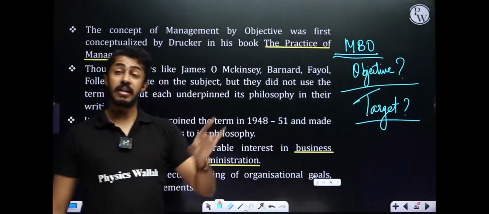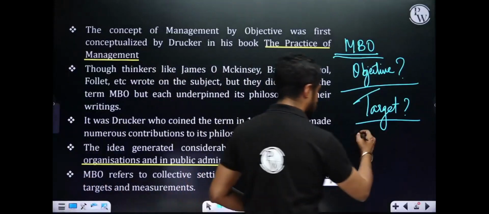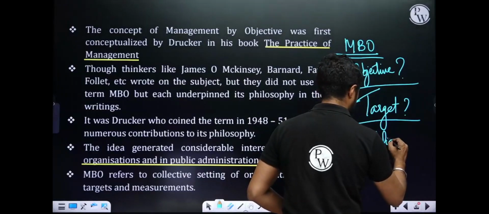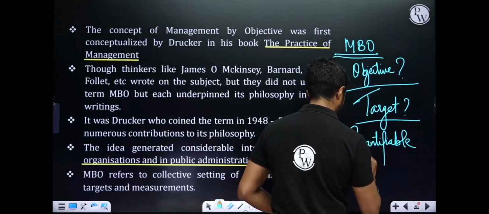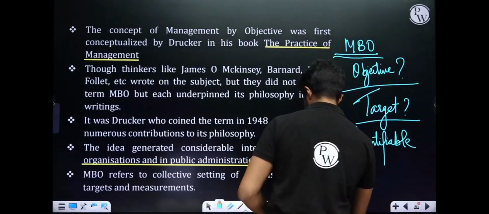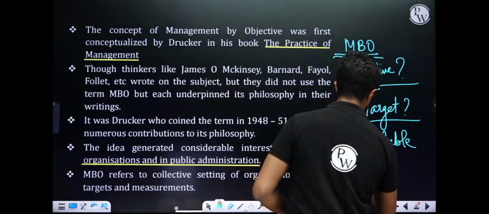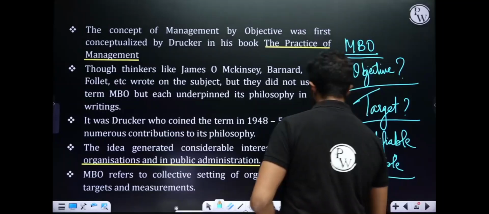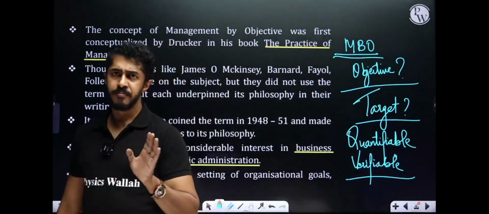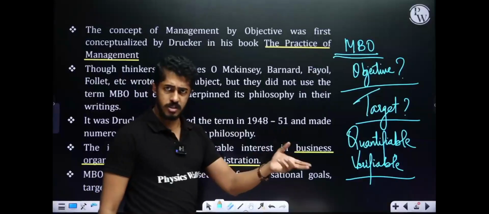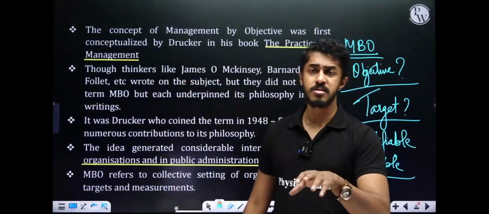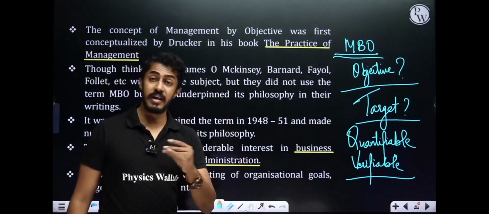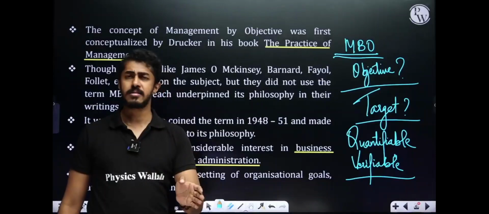Everybody is very clear, and this target is something which is quantifiable and verifiable: profit, loss, cost of operations, net profit, turnover, earnings before paying income taxes, everything.